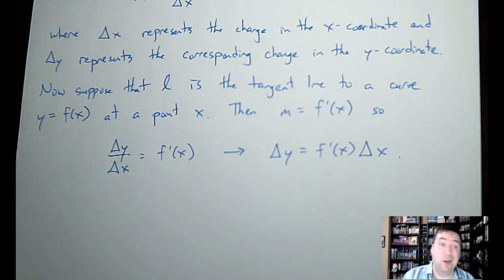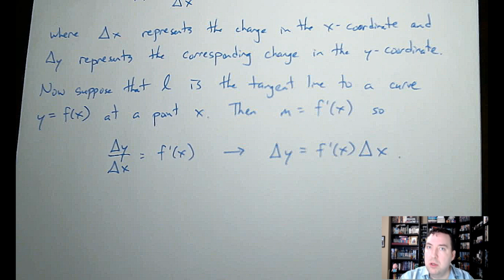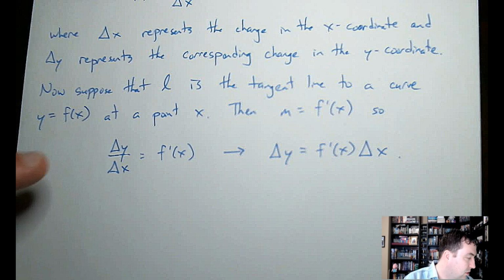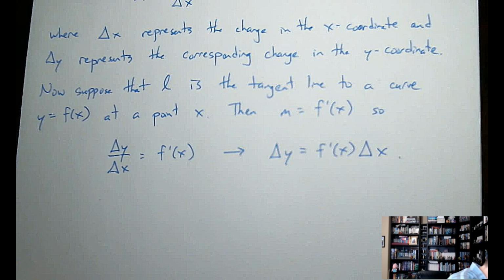Because unless that curve is a line, that derivative is going to change as we move to different points, to different values of x on the line. And that's part of the intent behind the Leibniz notation, which of course I could use here instead.